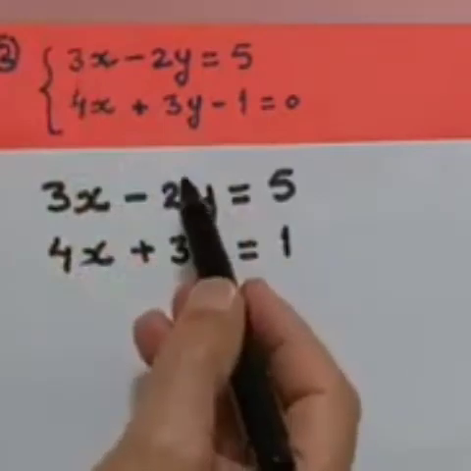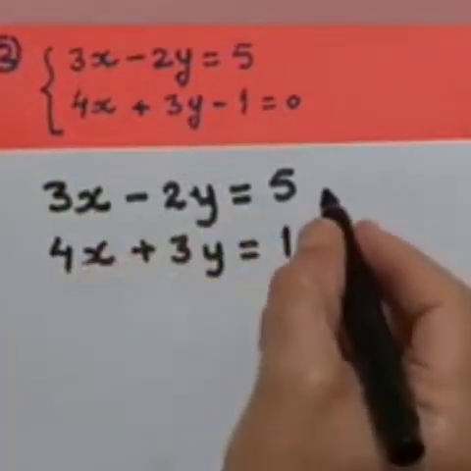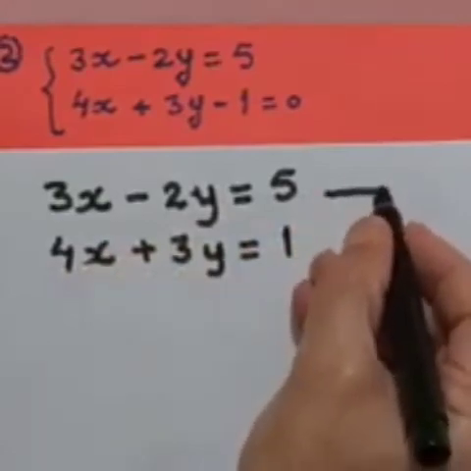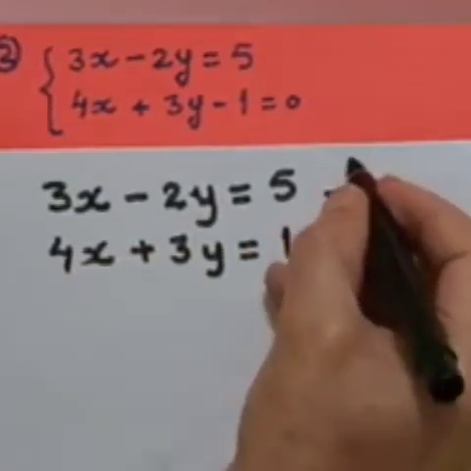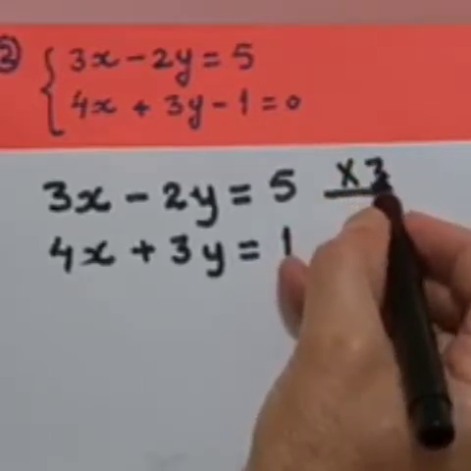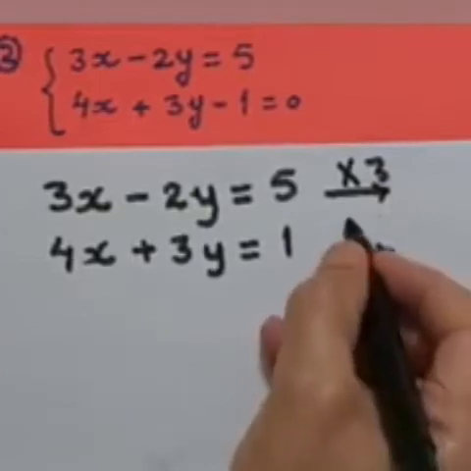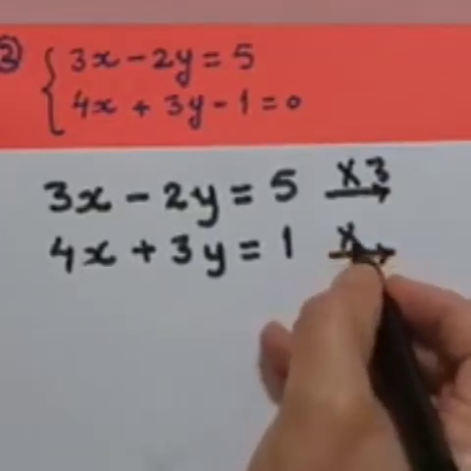So I will try to make the coefficients of y equal by multiplying the first one by 3, and the second equation by 2.